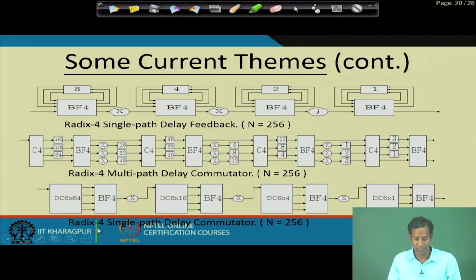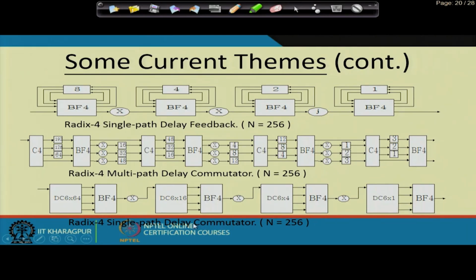Another implementation is the radix 4 single path delay commutator for 256 point FFT, where we have the delay commutator of 64, then it goes to the butterfly unit of 4.